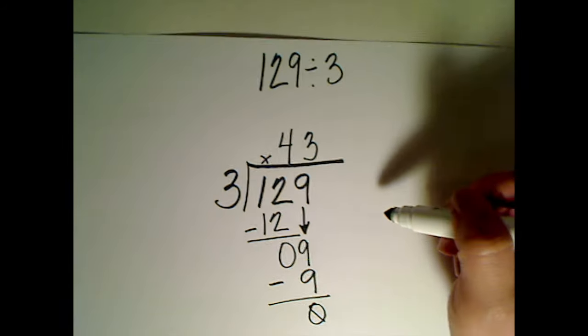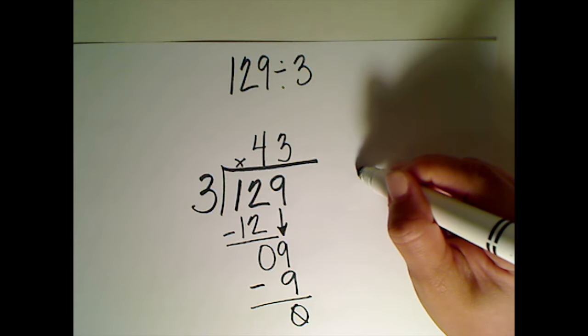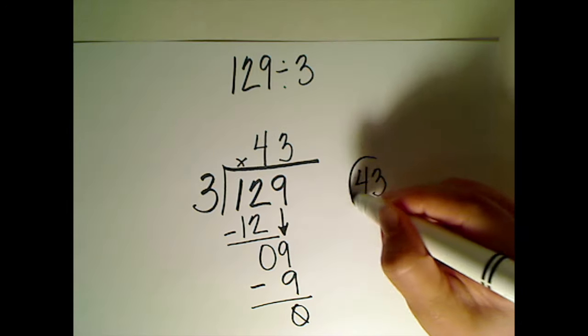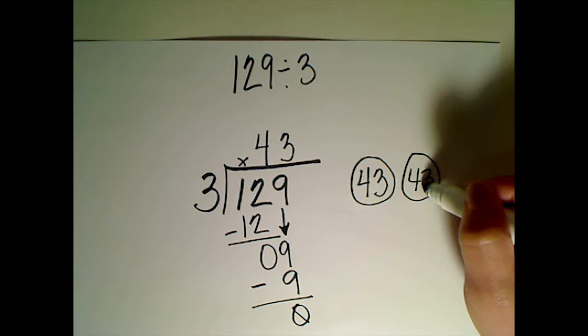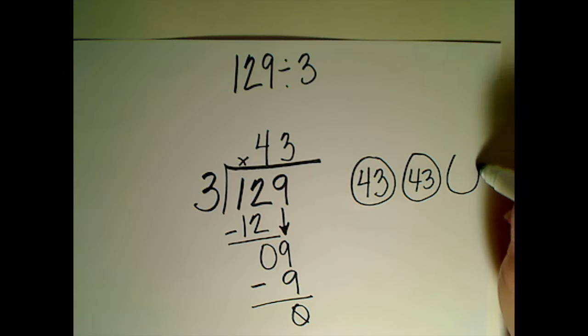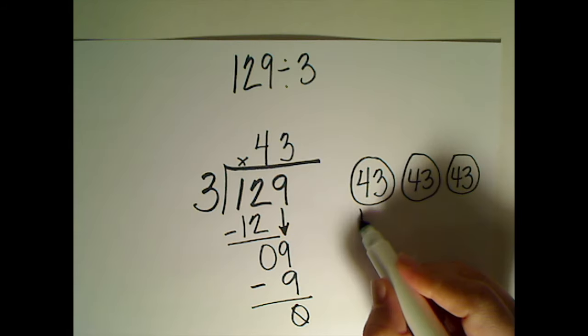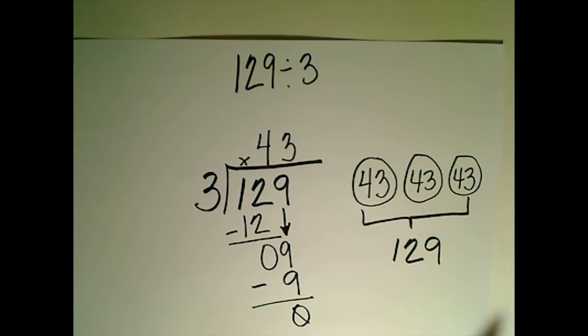So that is written, of course, so that's saying that 3 groups of 43 create 129.